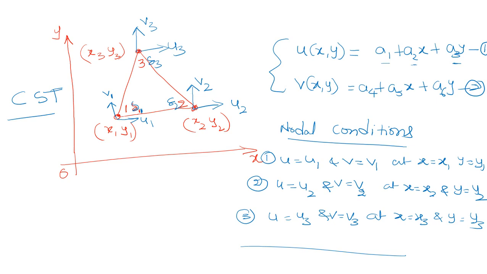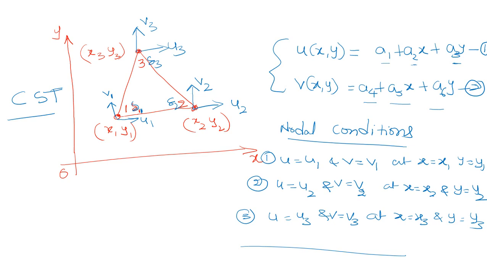Now we are bothering only about equation 1, because in equation 1, a1, a2, a3 are the constants. In the same way, in equation 2, a4, a5, a6 are the constants, with the same nodal conditions and same displacement components.